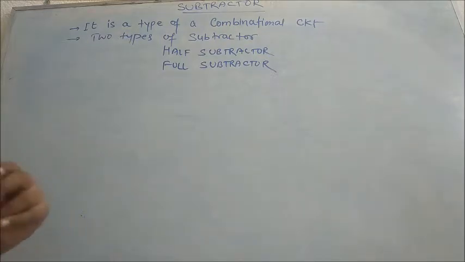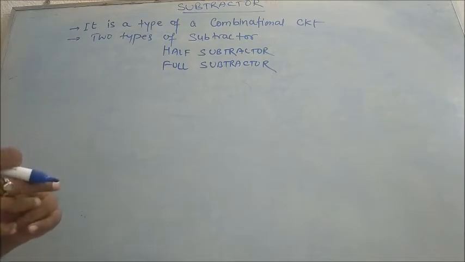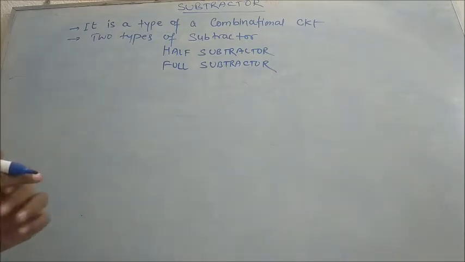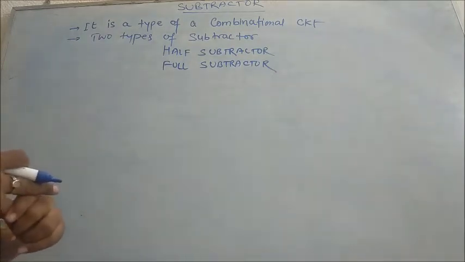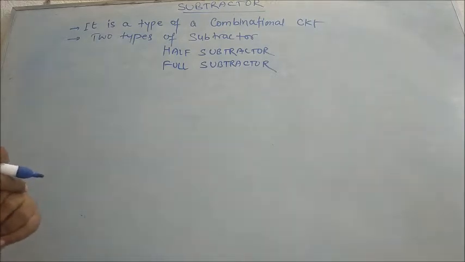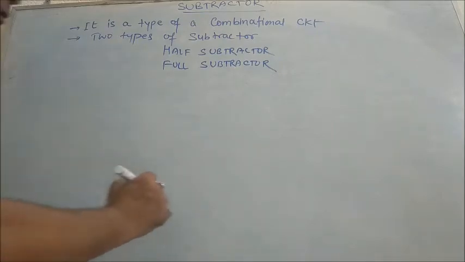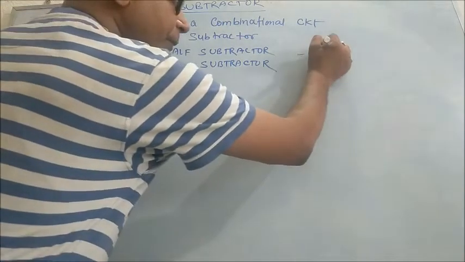Okay, fine. So similar to adder, there are 2 types of subtractor. First is known as half subtractor and second one is known as full subtractor. What is the basic difference between these two? Basically, half subtractor is used to find the difference between 2 bits.